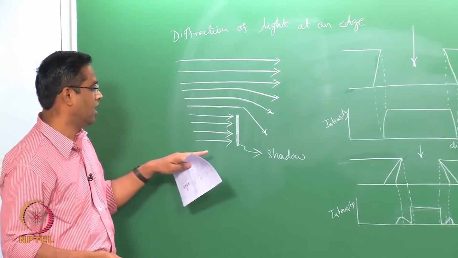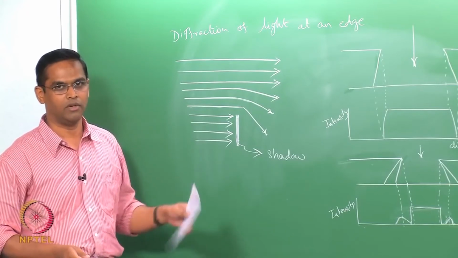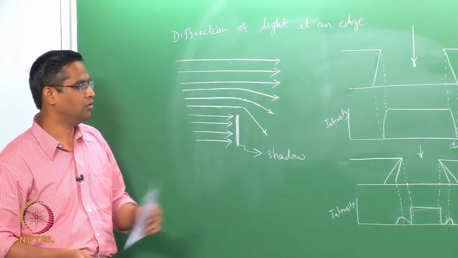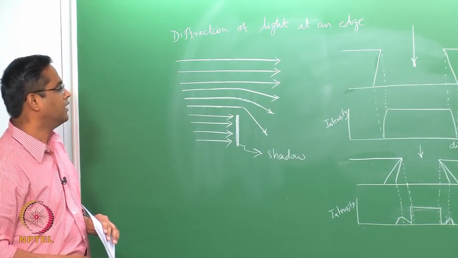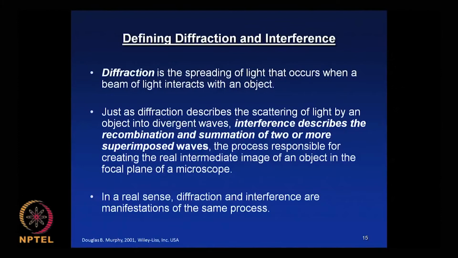In every image formation, diffraction is very important, because of the diffraction only the image is formed. You tend to see the image. And then what are the governing principles? Just as diffraction describes the scattering of light by an object into divergent waves, there is something called interference, which describes the recombination and summation of two or more superimposed waves.